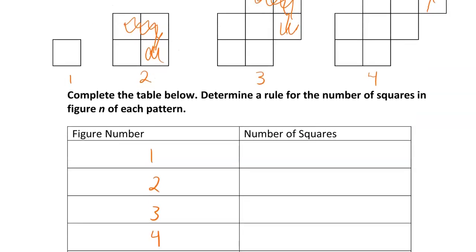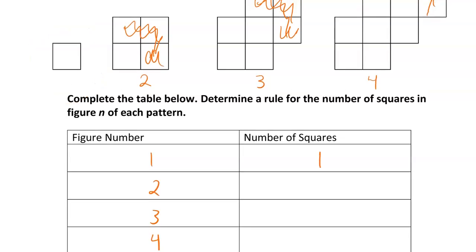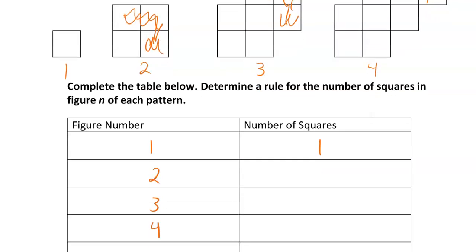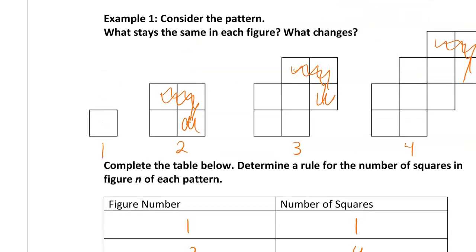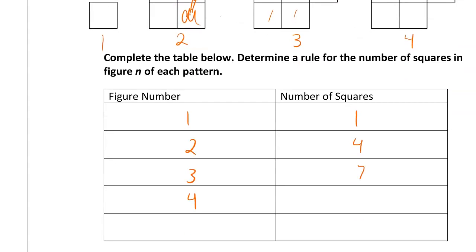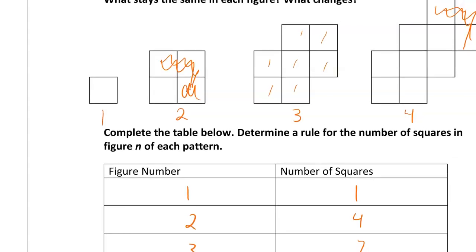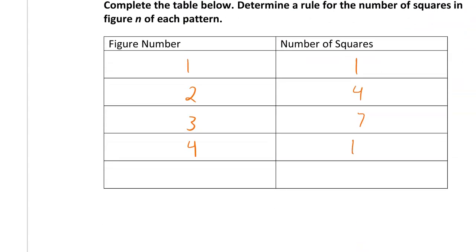In figure 1, this one over here, we have 1 square. In figure 2, we have 4 squares. In figure 3, well, we have 1, 2, 3, 4, 5, 6, 7. And in figure 4, we're going to have 10.